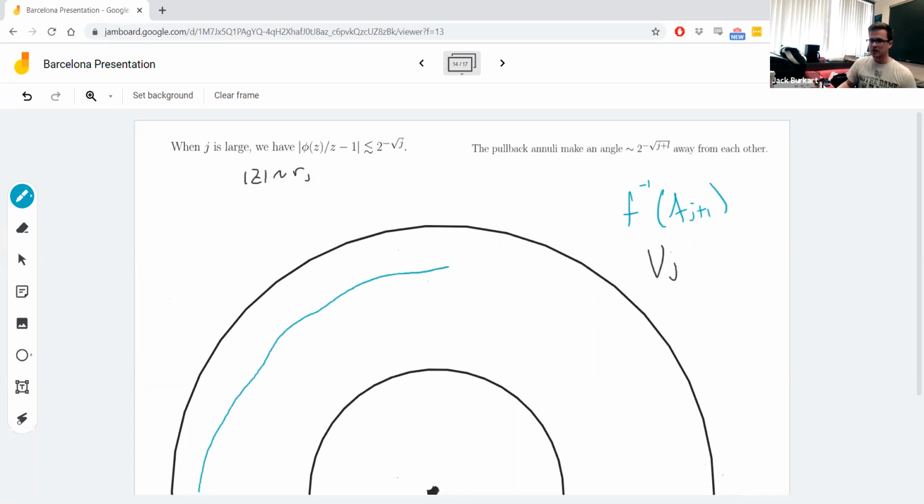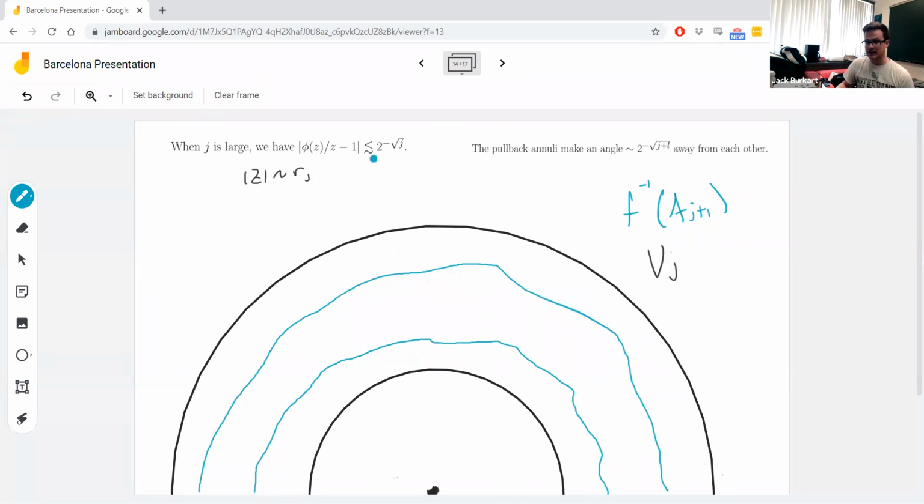Now, if F were genuinely a power mapping, it would be a round annulus. But F is a perturbation of a power mapping, so this annulus, in principle, could wiggle a little bit. But because phi is close to the identity, and we can quantify how close, we can deduce that the pullback annuli make small angles with respect to each other.